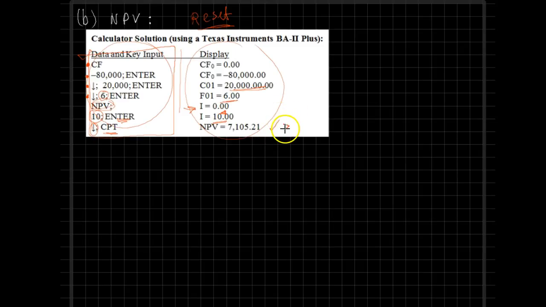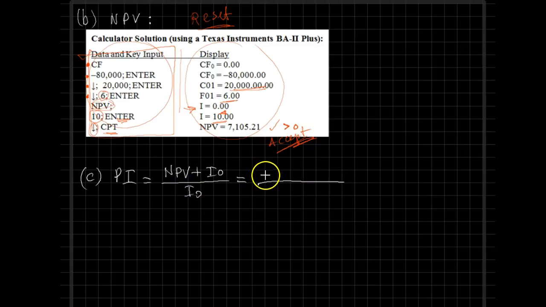And this number again is positive, so that shows us that the project looks acceptable. For the third part, the profitability index, recall the formula. The formula says to add NPV and the initial outlay and then divide it by the initial outlay. We found out that our net present value in this example is $7,105.21.